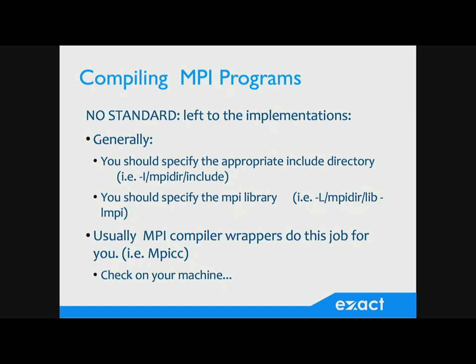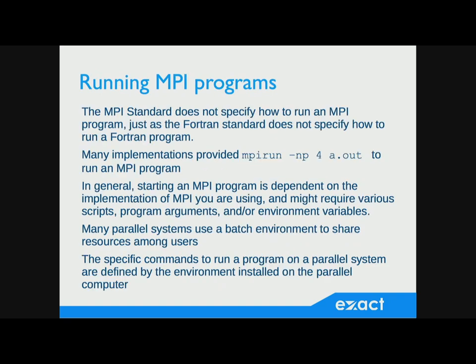On our cluster, if you do module load OpenMPI, you can then try to type mpi, and you will see that there is an mpicc, an mpifort, and some other wrappers for different languages. So it's simple to compile the code. Writing the code is complex. Compiling the code is simple enough if you know where to find your MPI wrapper.